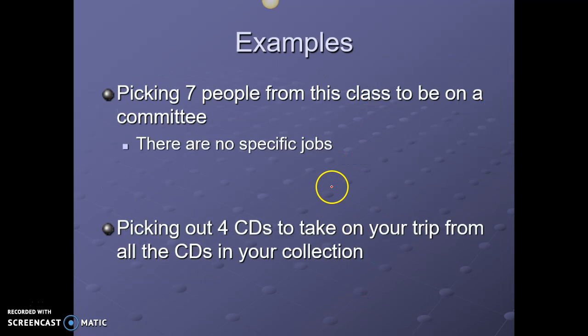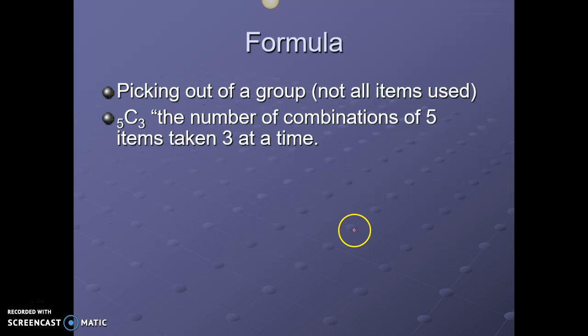Examples of combinations are picking 7 people from the class to be on a committee. We don't have any specific jobs, so this is a combination. If there were specific jobs for every one of these 7 people, then it would turn into a permutation. If we pick out 4 CDs to take on our trip from all of our collection, that is a combination, because it doesn't matter what we pick out. Now, if we decide to play them in a certain order, then that becomes a permutation.